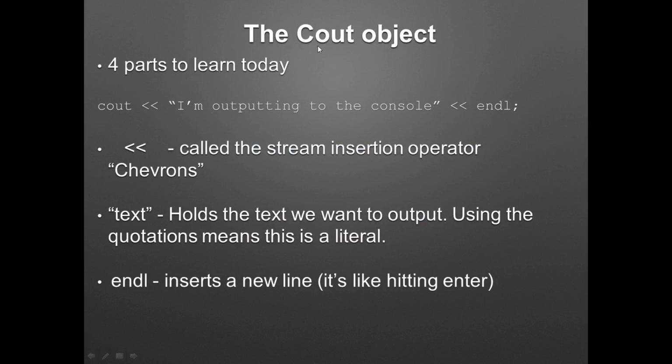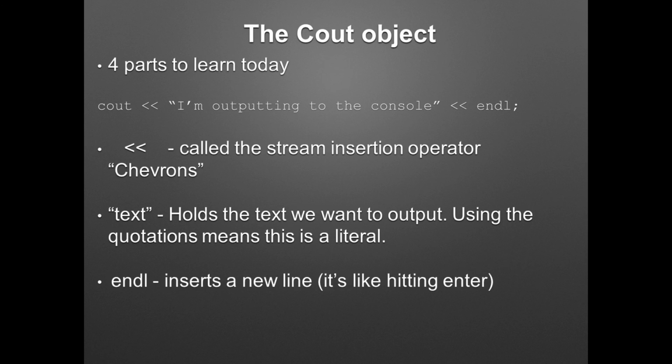Well, we have an object here that we can use, and this is part of the iostream library. Remember that we had to include iostream, and then the namespace that we had to use as well, the part that said using namespace. What this all belongs to is the cout object, which belongs to that iostream library, and we're able to use it to output things to the console, which is our text.